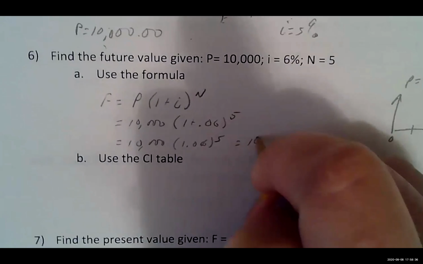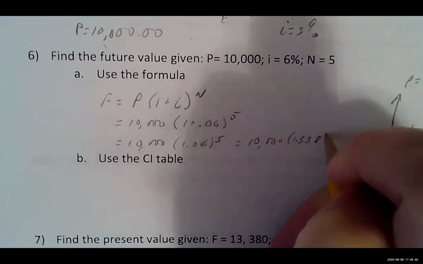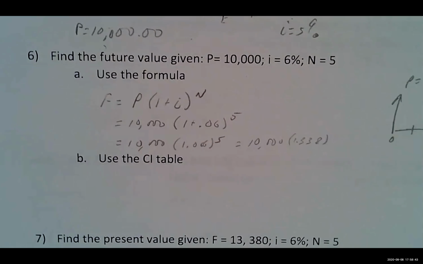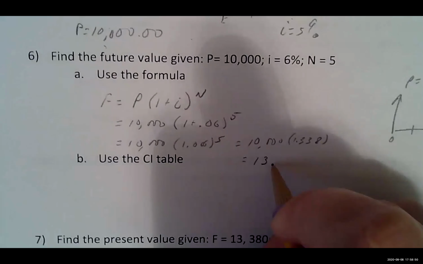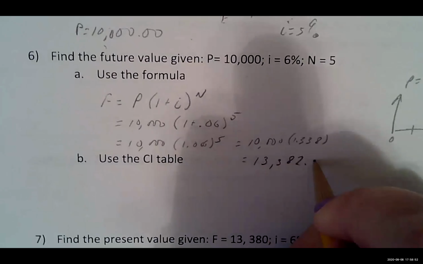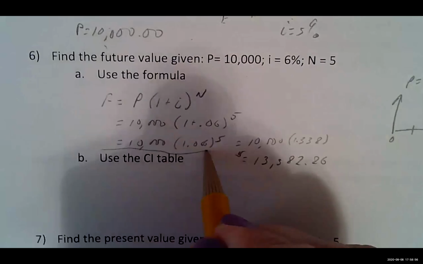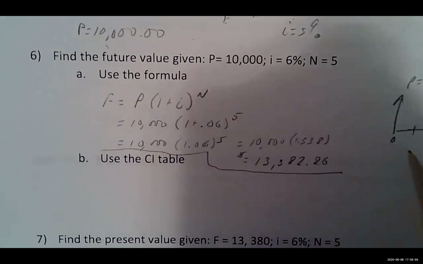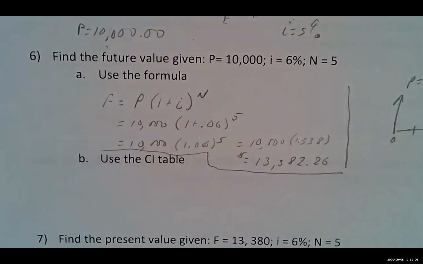So that becomes $10,000 times 1.338, which equals $13,382.26.